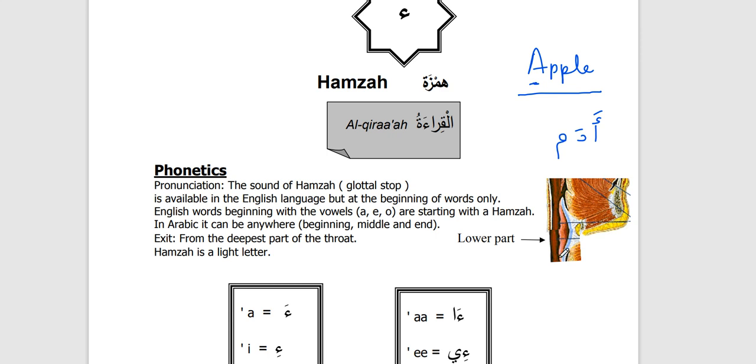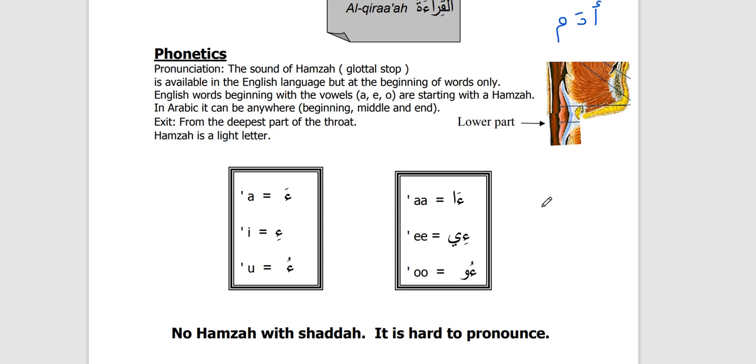It comes from the lower part of your windpipe, and it is among the throat letters. There are 6 letters in Arabic which are called throat letters, and among the 6 letters, Hamza is one of them, and it's a light letter, remember that.